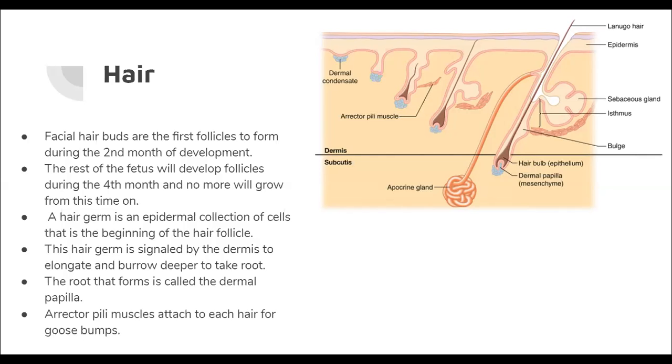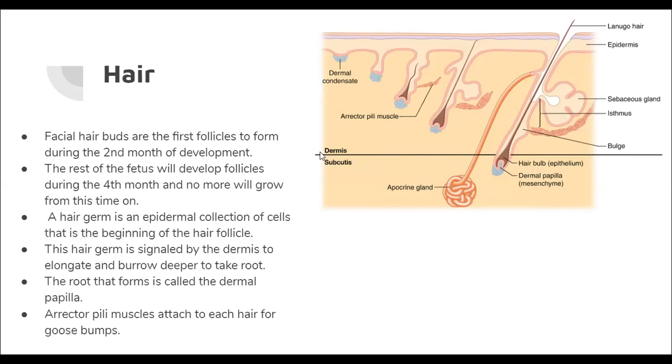Anyway, a hair germ is the collection of the epidermal cells, and here is the dermal condensate, that's what that is talking about. Then they start to invaginate and grow deeper and deeper, signaled by the dermis. Down here is the epidermis up here, and then the dermis here.